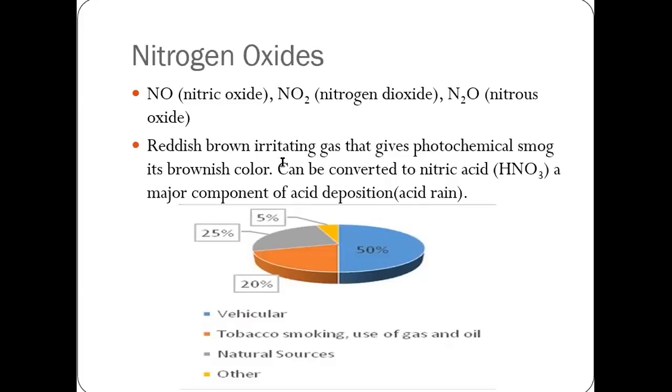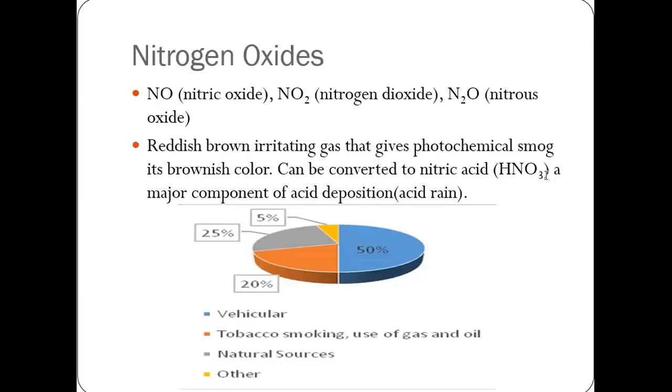This nitrogen oxide can be converted to nitric acid, and it becomes a major component of acid deposition, also known as acid rain. So what is acid rain or acid deposition? Acid deposition or acid rain is actually brought about by the conversion of pollutant gases such as nitrogen oxide into nitric acid.